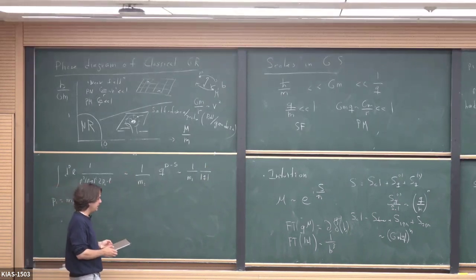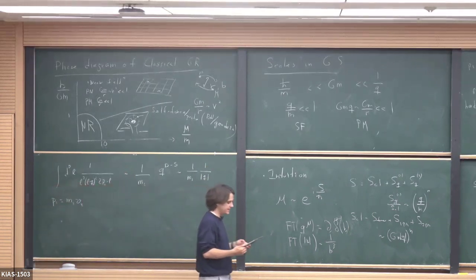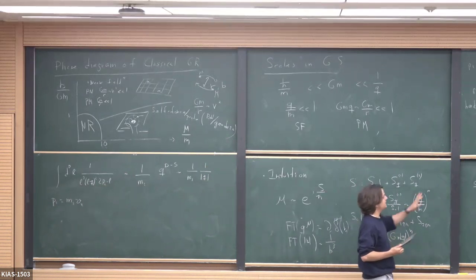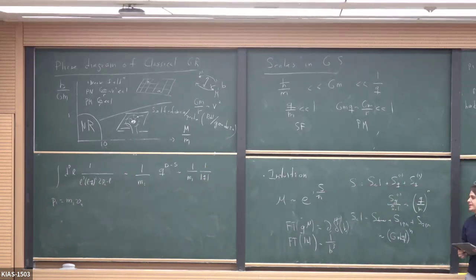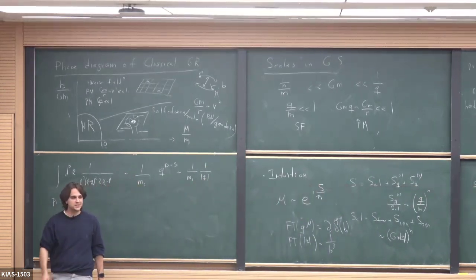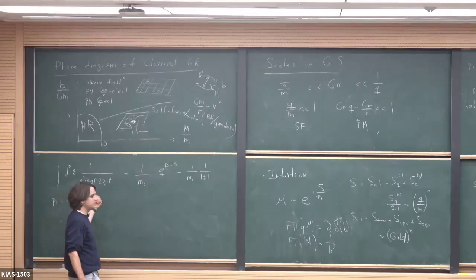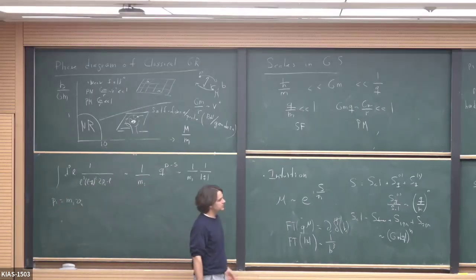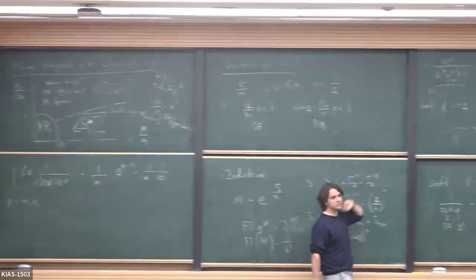Now, I've done something a bit sneaky here, which is kind of the magic of this method of regions. Can someone guess what's funny about what I just did? I just took an integral which has contributions from different regions of the integration domain.